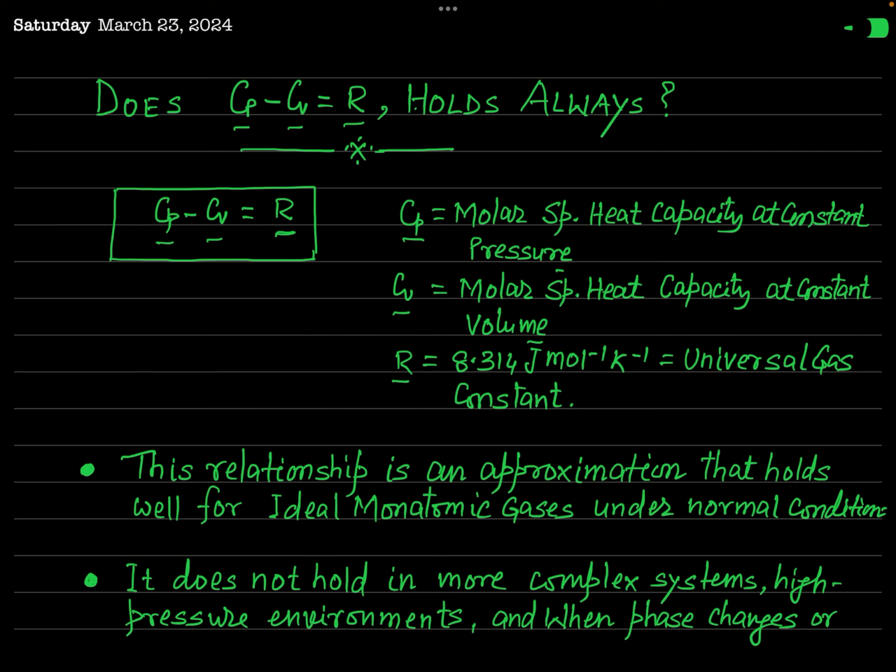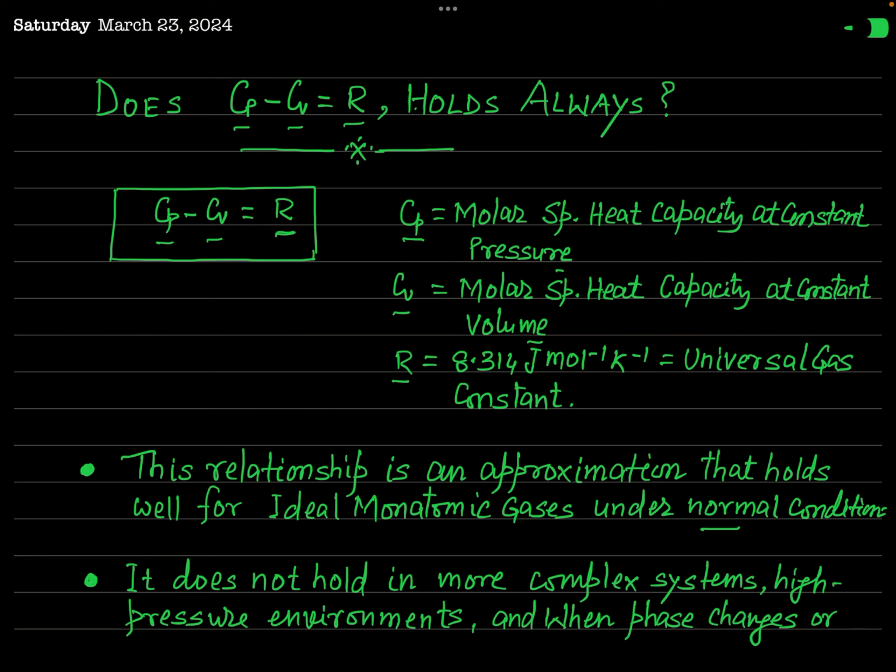But there are many situations when you will see that this relation will not hold. The reason is obvious. Since this relation is valid or strictly followed by the monatomic ideal gas under normal condition, whenever there is a system which deviates from the behavior of an ideal monatomic gas, this relation will not hold strictly, or this relation will not be followed by those systems.